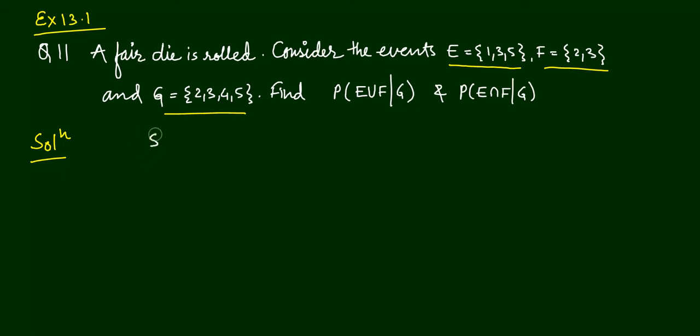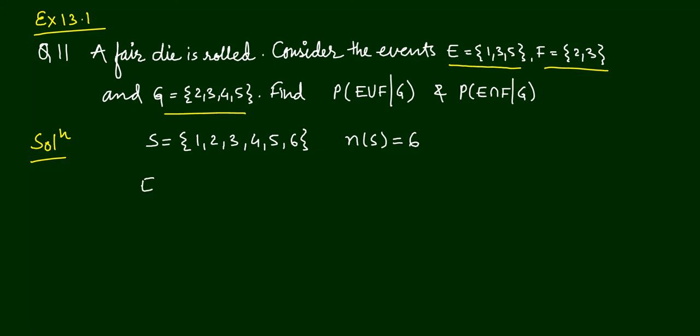So the sample space of this experiment will be 1, 2, 3, 4, 5 and 6. So the number of elements in this sample space will be 6. Now we have to find out the probability of E union F when G is already happened.